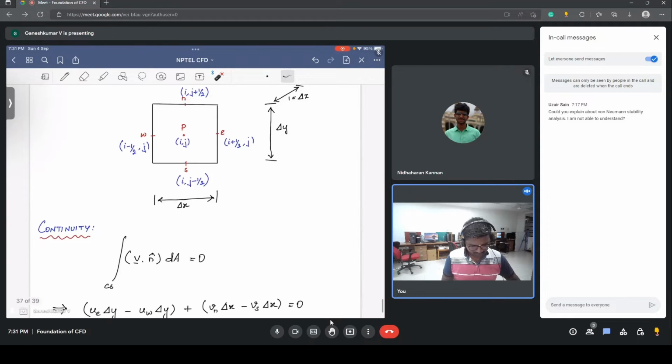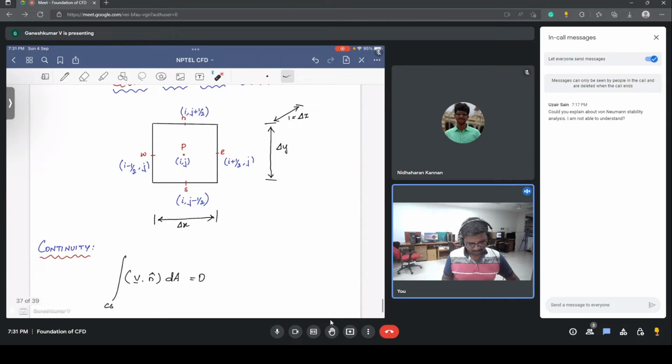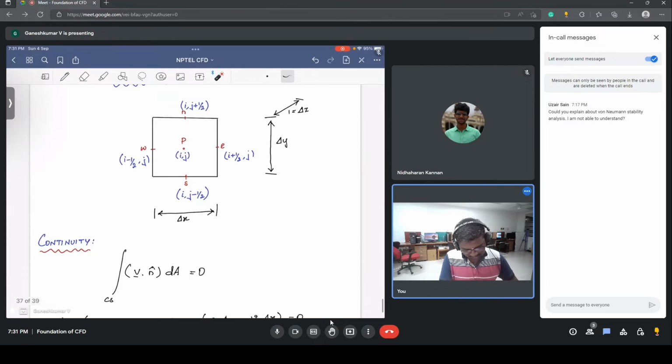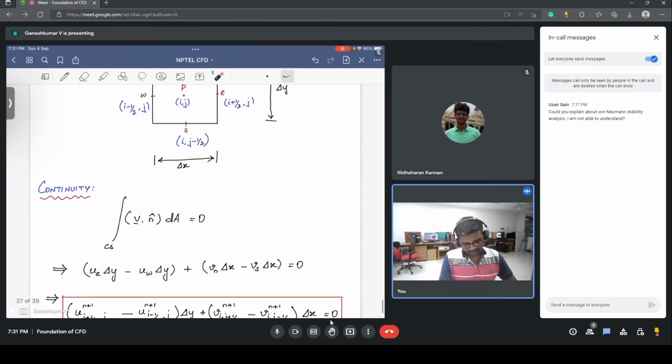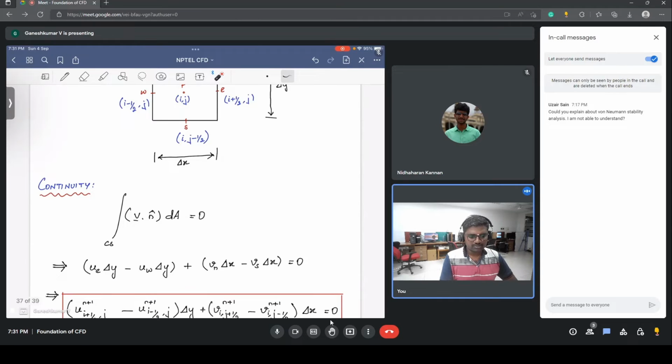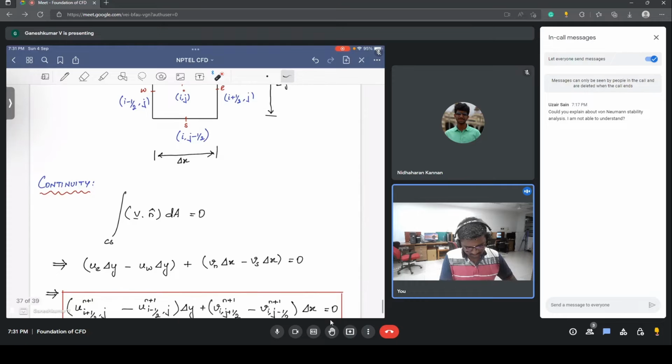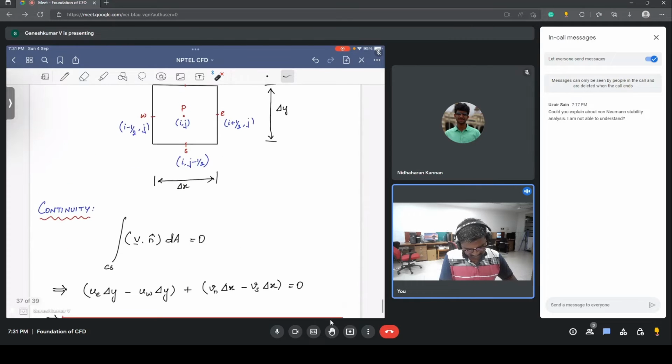Basically it starts from the momentum equation. First, our control volume cell would be like this. This would be the present cell, and it has east, west, north and south faces. We have three equations: two momentum equations and one continuity equation. Let's start with the continuity equation.